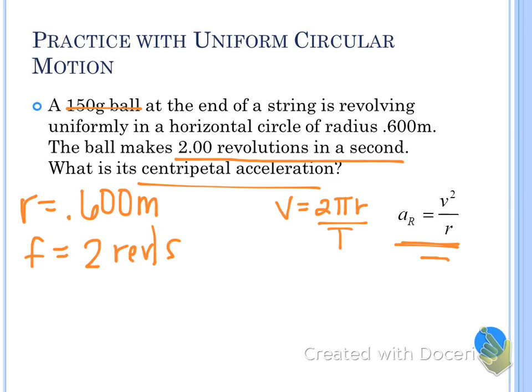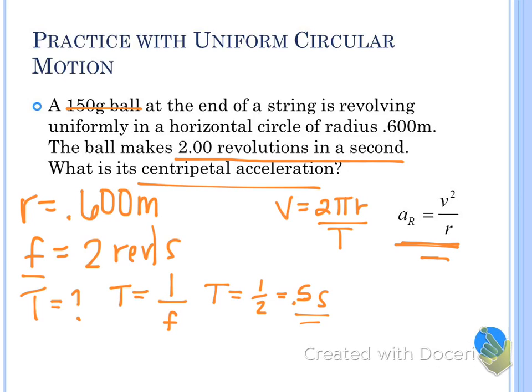But how do we go from frequency to period? Because right now we have frequency and we need T. T equals 1 over f, which means T equals 1 over 2, which equals 0.5. What that tells us is that since it can make 2 revolutions in 1 second, it makes 1 revolution in half a second.